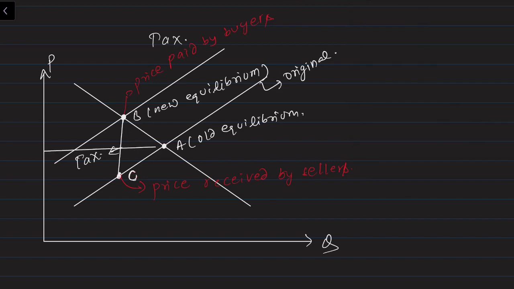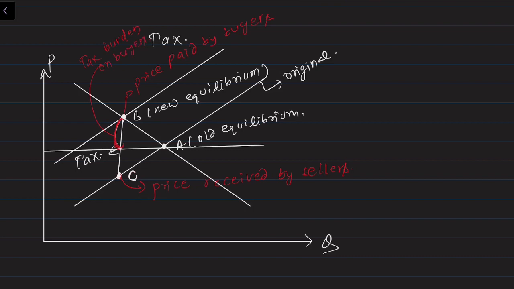So their price has increased by exactly this amount, right? So this is the tax burden on buyers.